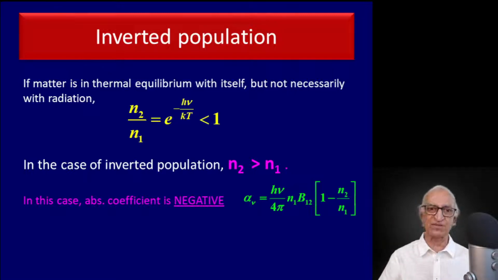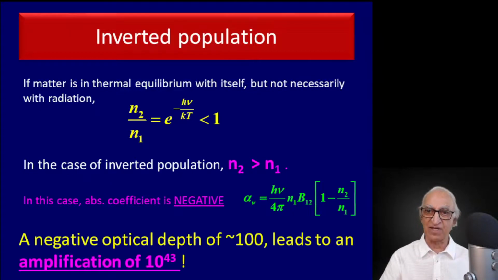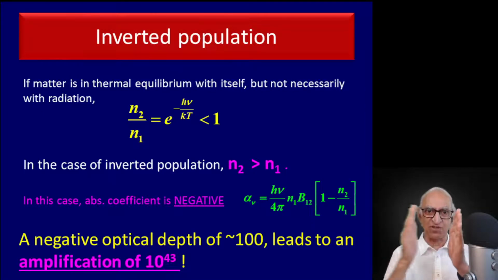If you go back to lecture 2, you may remember that I said when there is population inversion, something dramatic can happen. You have a negative absorption coefficient. And if you remember way back from the second lecture, I introduced the notion of optical depth tau. Optical depth tau was the integral of the absorption coefficient alpha over the path length. So it is the net absorption over a certain path length.